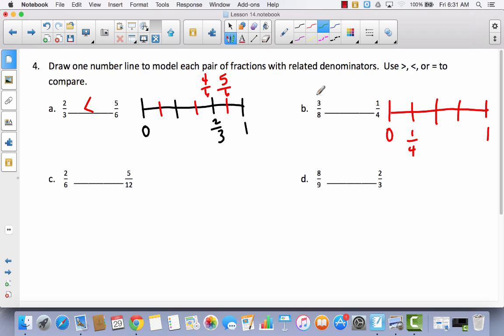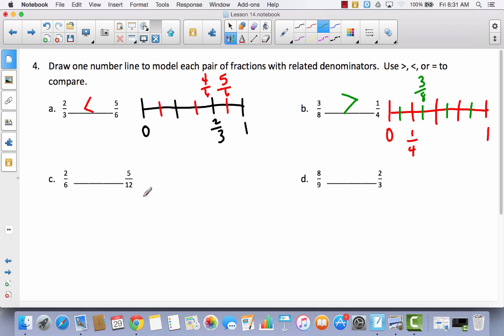Right, now I'm going to divide my fourths in halves to make eighths. So now I have 1, 2, 3, 4, 5, 6, 7, 8 parts. This is 1/8, 2/8, 3/8. So which one would be greater? 3/8 or 1/4? Well, 3/8 is greater than 1/4.